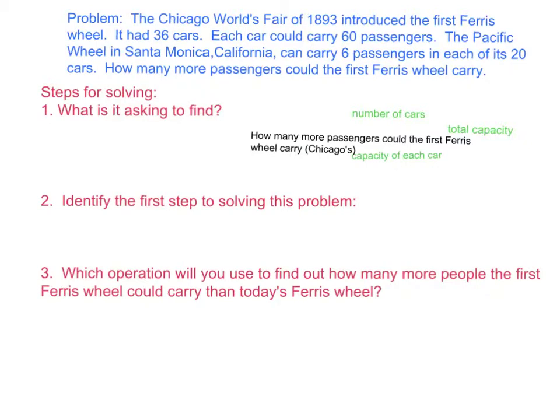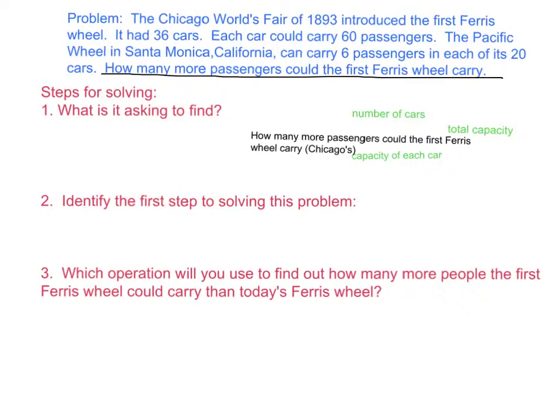Okay, so the first step I need to complete is what it is asking to find. You can look at the last sentence here to identify exactly what it's asking to find. And I can read it by saying, how many more passengers could the first Ferris wheel carry? And this is the Ferris wheel in Chicago.